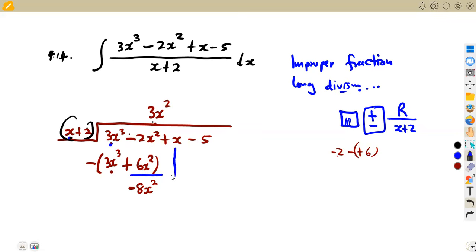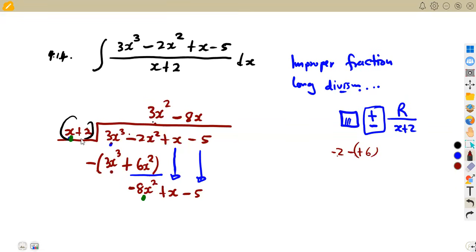Then these terms that are remaining, we are going to drop them down. We are remaining here with plus x and minus 5. We are back again to the first step that we had, where I said when dividing, it's always the first term versus the first term. So it's minus 8x squared divided by x, which is going to give us minus 8x.